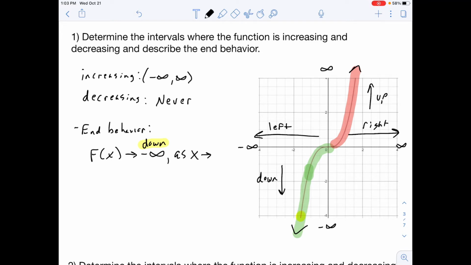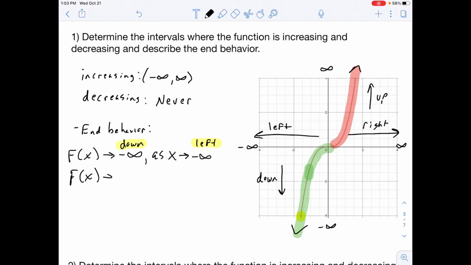As x, the domain, goes to negative infinity, the function is going down as we go to the left. So f of x is approaching negative infinity as x is approaching negative infinity. Function's going down as we go to the left.